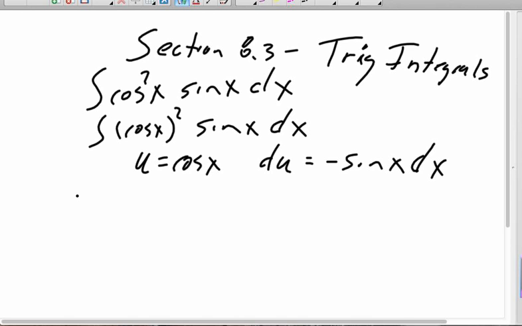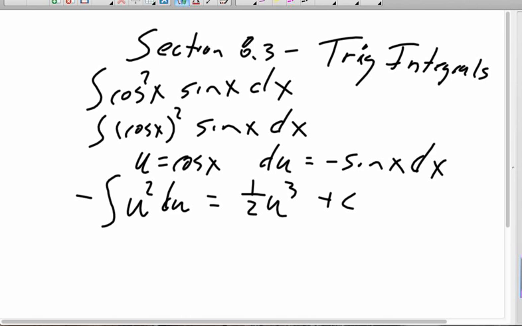So now I've got negative the integral of u squared du, which is 1/3 u cubed plus c, which will be 1/3 cosine cubed of x plus c.